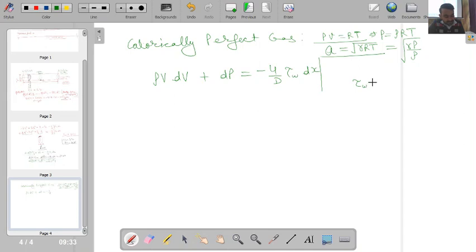shear stress as nothing but tau w is equal to F times half rho v square. Okay, where this parameter F is considered as nothing but a friction factor. Is this point clear?